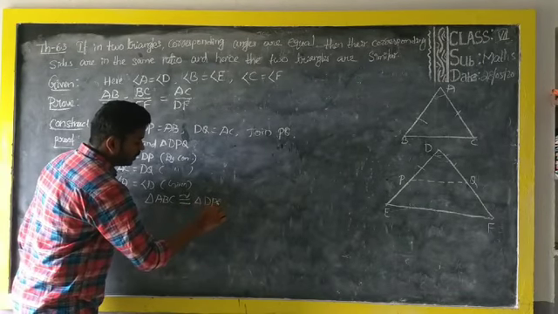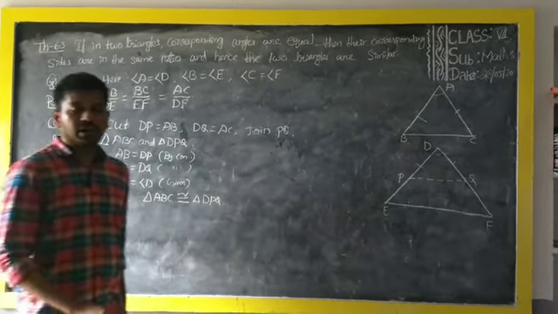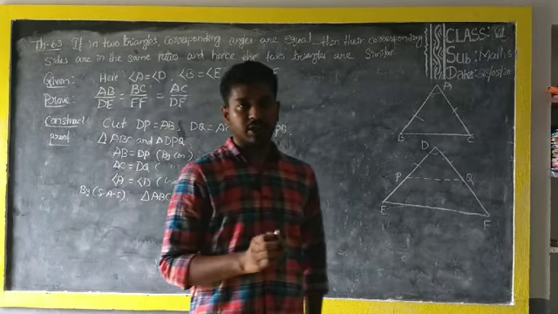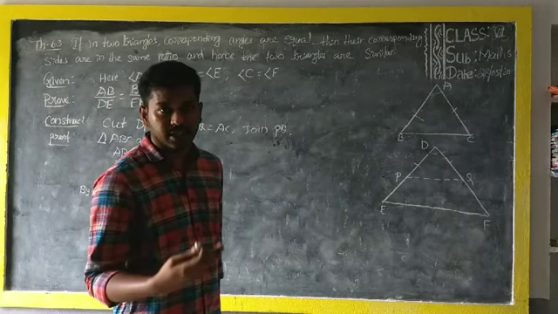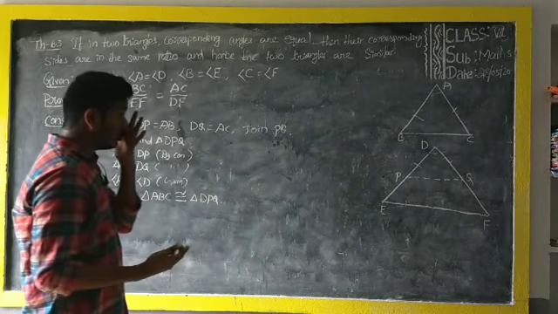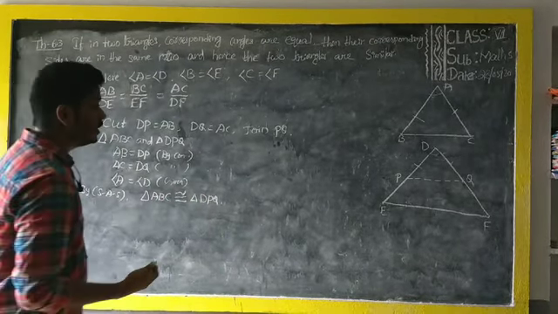If any two triangles are congruent, then by CPCT the remaining corresponding sides and remaining corresponding angles are equal. So what are the remaining corresponding angles that will be equal here?